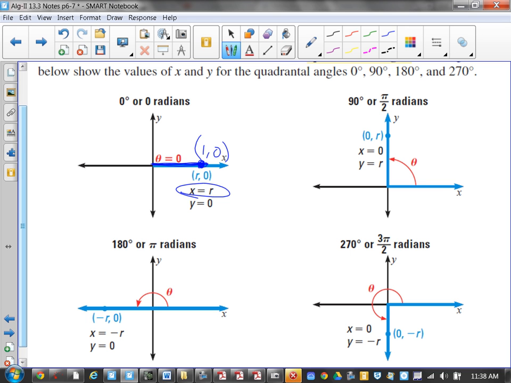When you move up, your cosine value will still be x over r. Your x value on the vertical axis is 0. What's 0 divided by r? No matter what r is, what's it going to be? 0. Your sine value is y divided by r. If they're the same numbers, what's it always going to be?